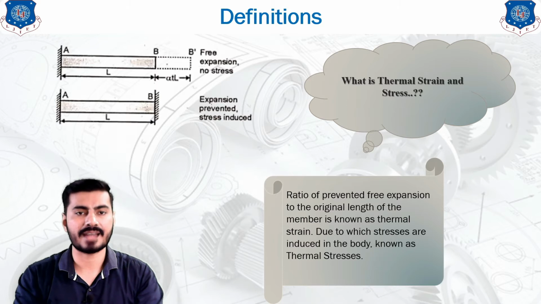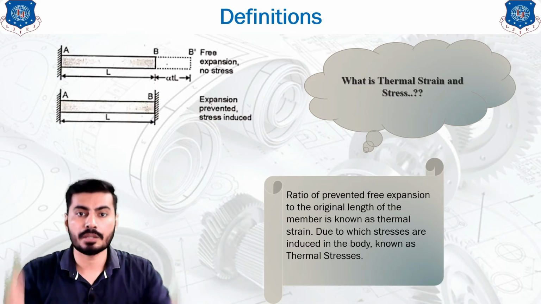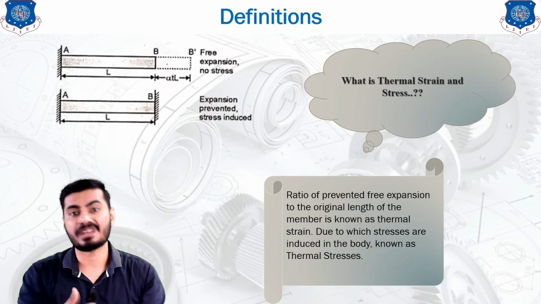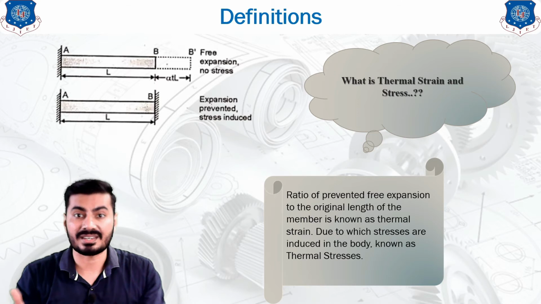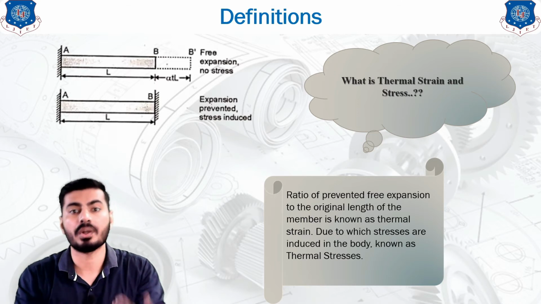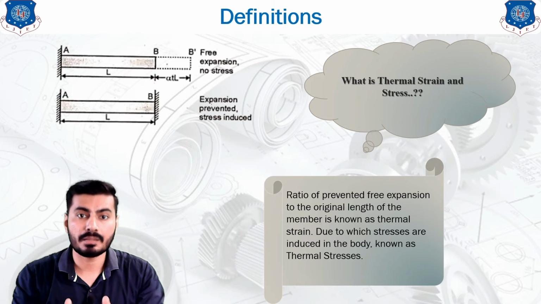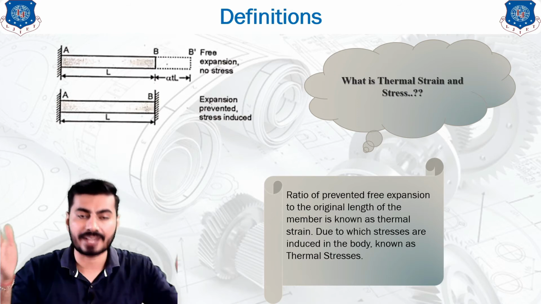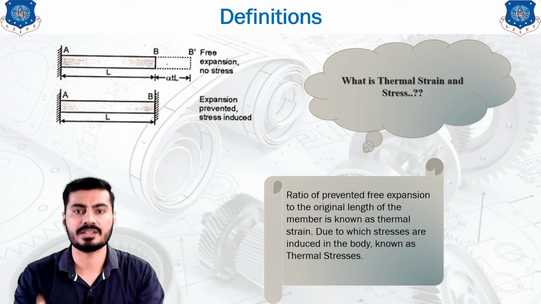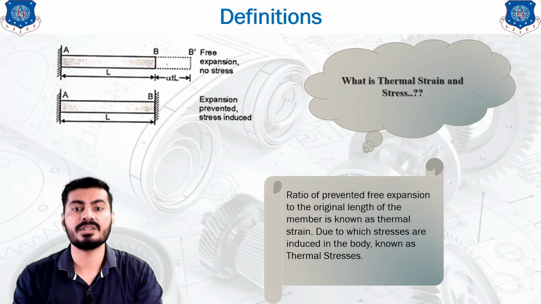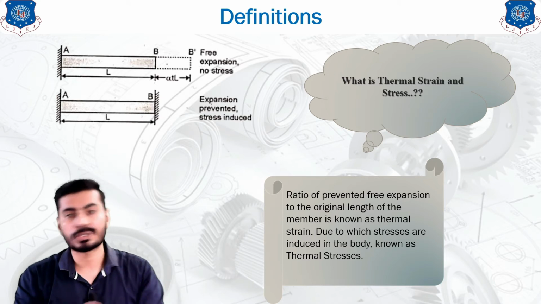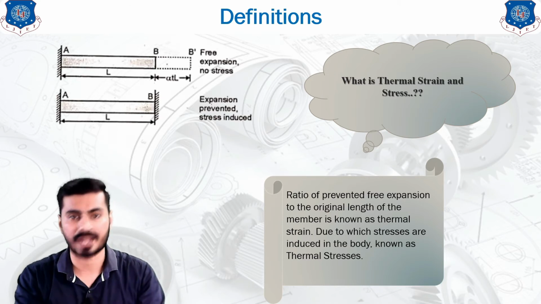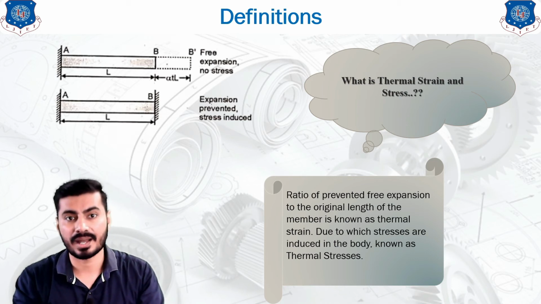As you can see in the second diagram, the body is prevented on both sides, and if you increase the temperature of that body, now the body tends to expand a little bit, but there is no gap or area where the body is allowed to expand, and that's why the body resists that prevention, that kind of both rigid supports. Due to this resistance, the stress will be generated, and the main cause of this stress is the thermal variation, and that's why this type of stress is known as thermal stresses.